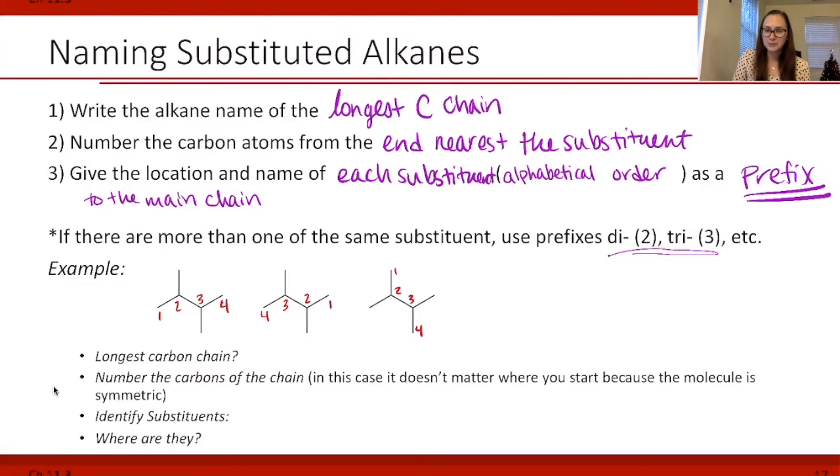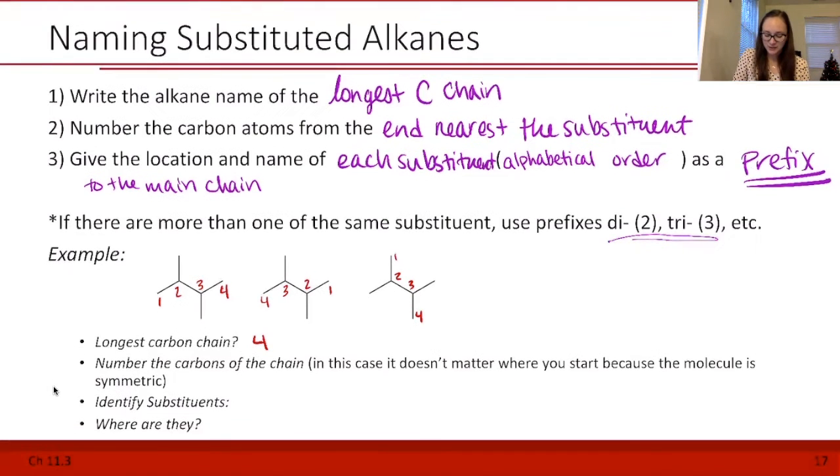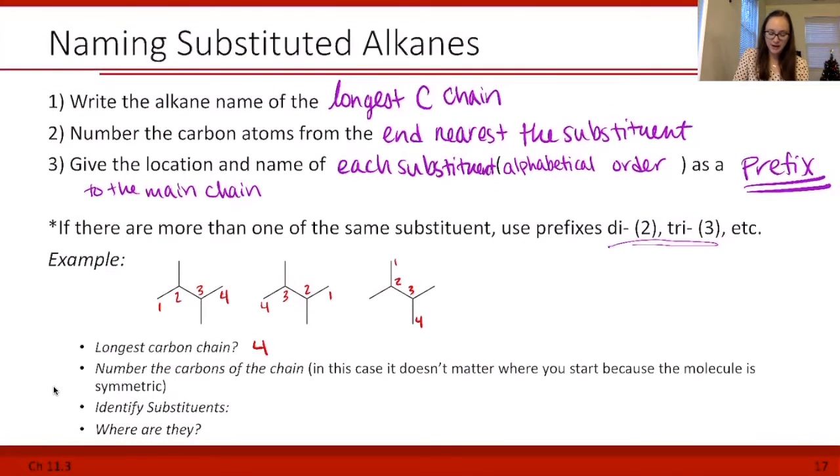In this particular molecule, it doesn't matter which way we're going because it's fully symmetric. So our longest carbon chain is 4 carbons. Next step is to number the carbons of the chain. As I said, it doesn't matter exactly where you start numbering because it's symmetric. I'm going to just go ahead and use my first example over here.